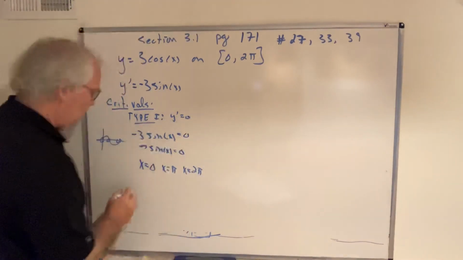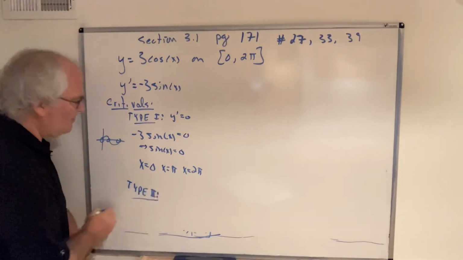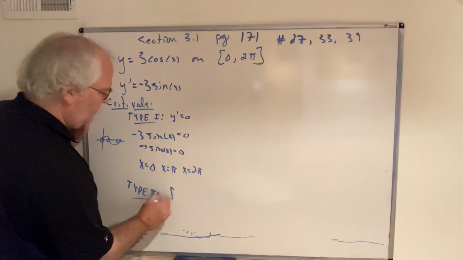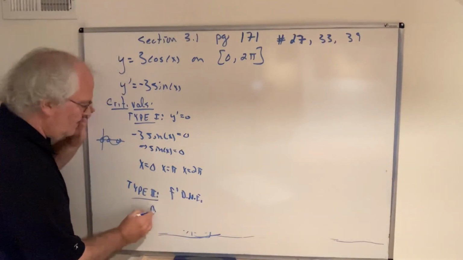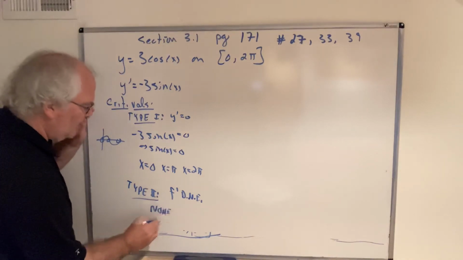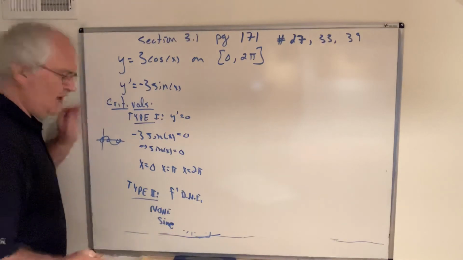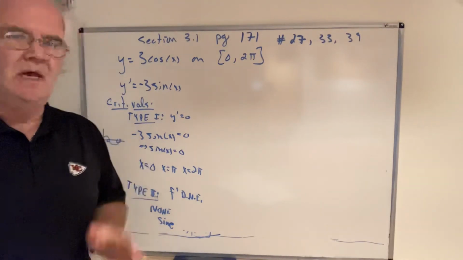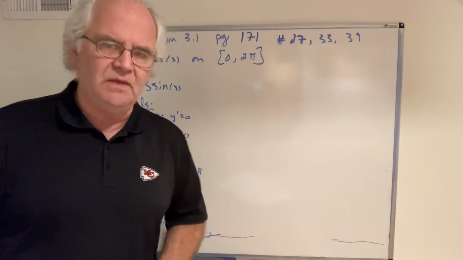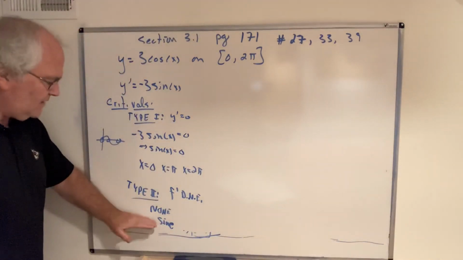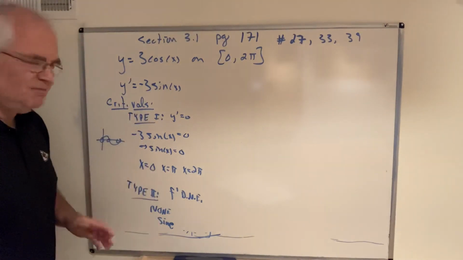Type 2, I'll do it down here. Type 2, that's where the derivative does not exist, but there are none because this is a sine function. Remember, sine and cosine: if the domain of the function is all real numbers, you will not have type 2 critical values unless we have cusps.